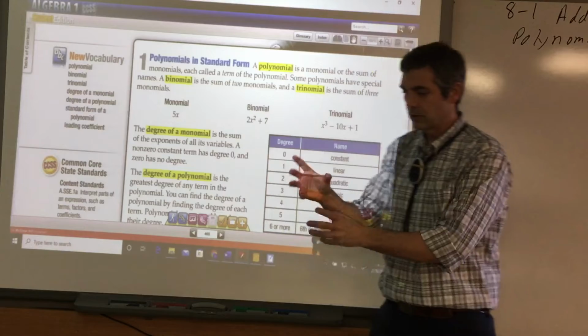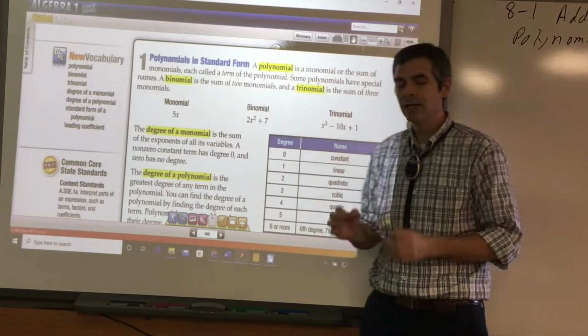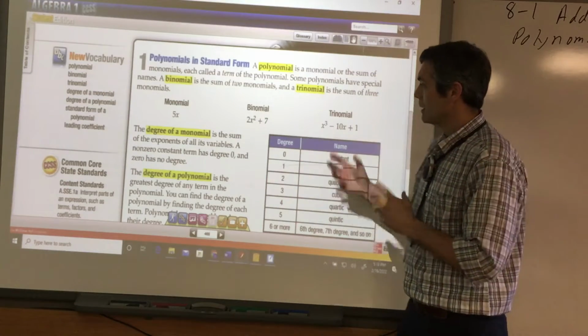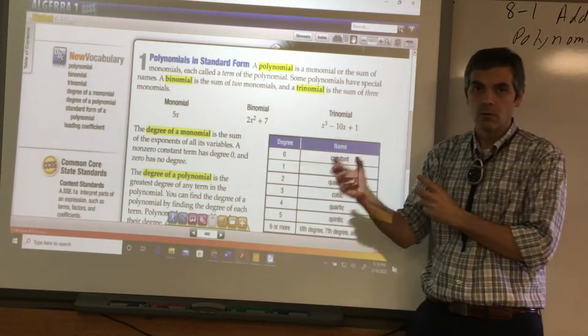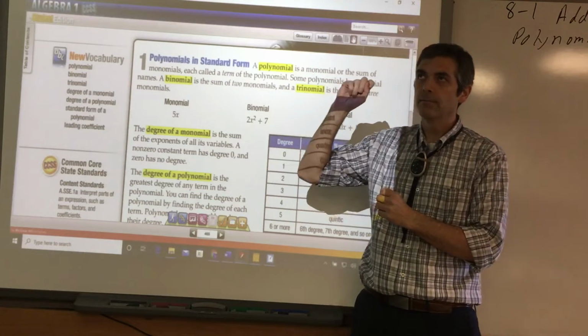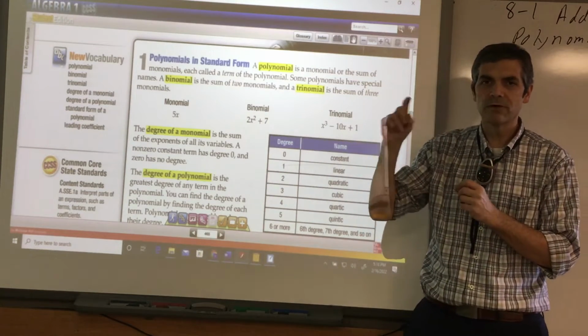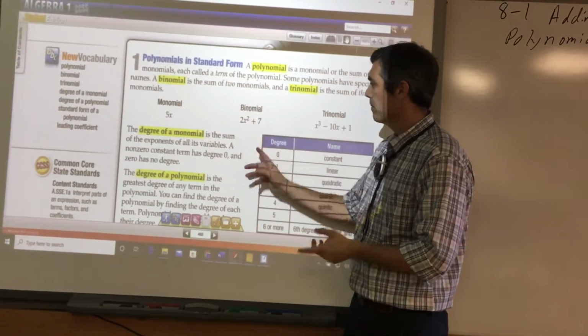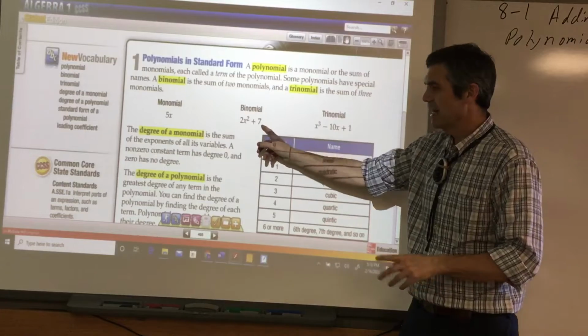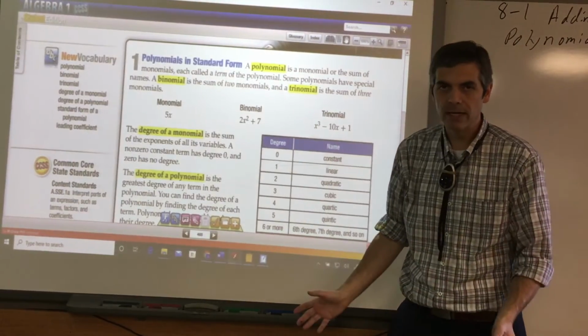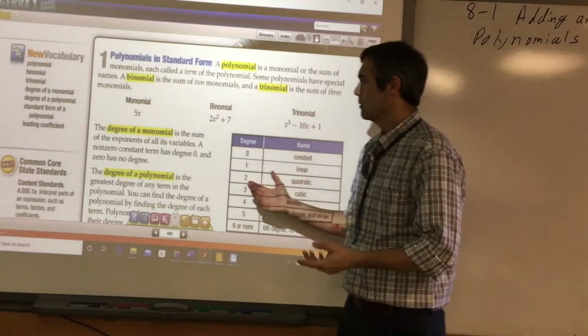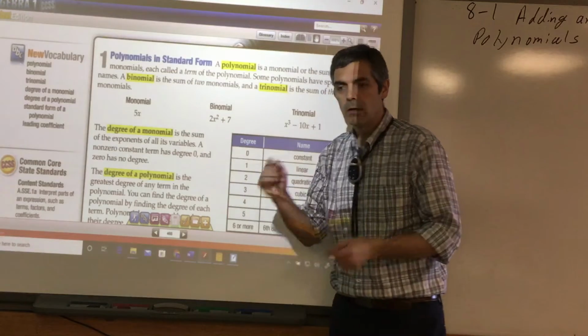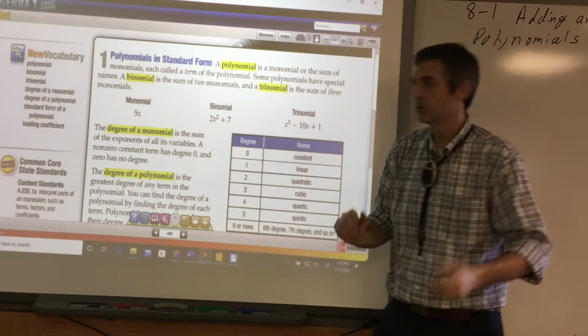It's a term that stands by itself. A binomial is two terms with different exponents on top of them. So we have x to the second plus 7. If this had an x next to it, it would still be a binomial. There are just two terms there, and you can't combine them.